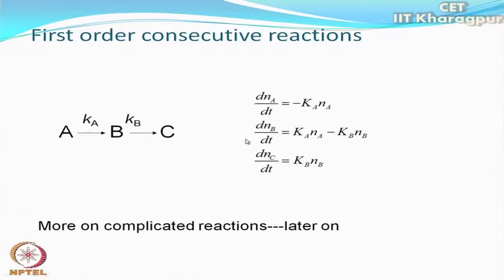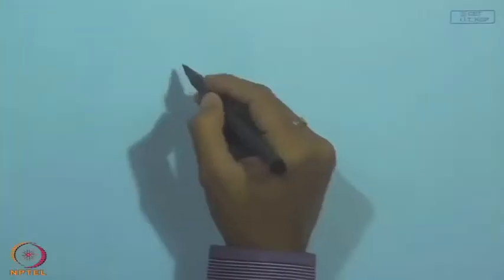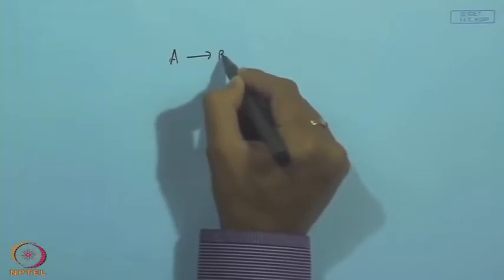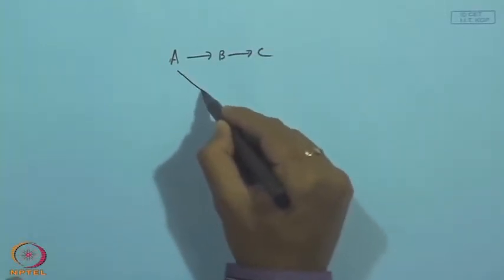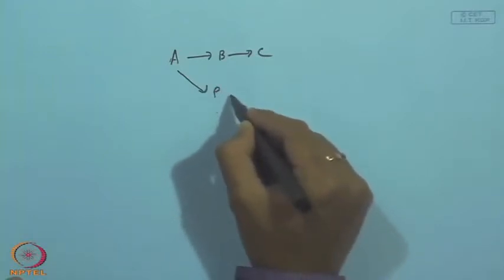More complicated reactions we will talk about at a later time, like consecutive reactions, or maybe a parallel reaction. There could be another situation, say A to B to C, which is consecutive. It may so happen that this A is doing another reaction, A to P to Q.